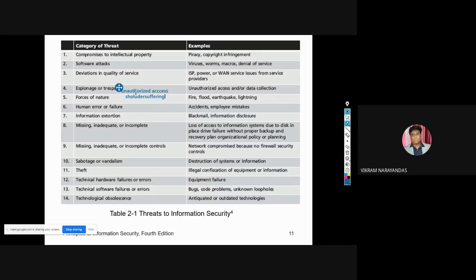So attackers use many different methods to access the information stored in the information system. Some information gathering techniques are legal. Yes. For example, you can take web browsers. Web browsers are legal. You can use anyone.